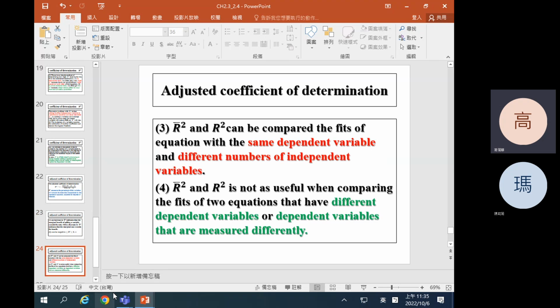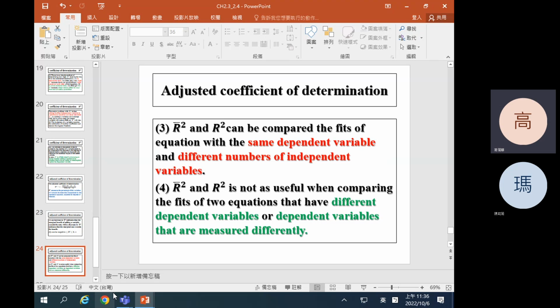One thing I would also like to mention is that, whether it's R squared or adjusted R squared, both can be used to compare different equations with the same dependent variable and different numbers of independent variables. What does that mean?